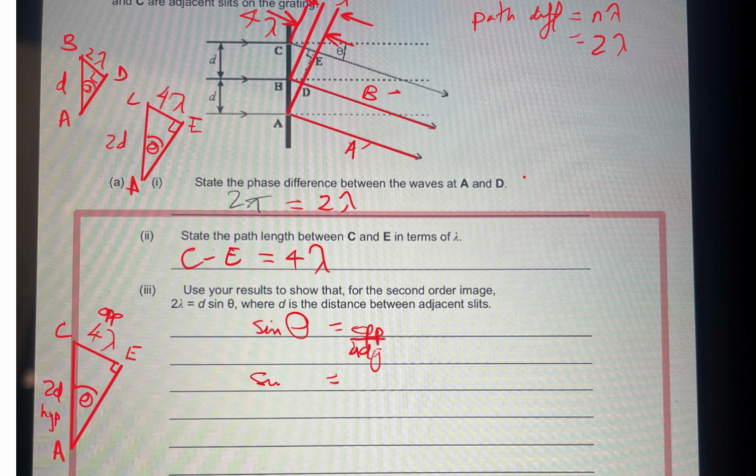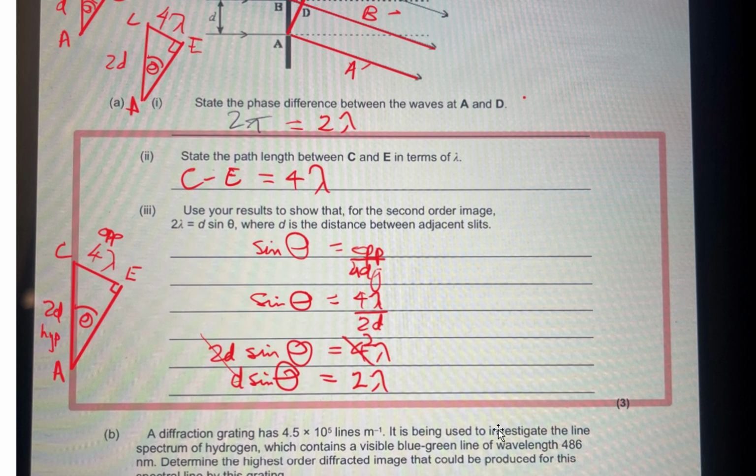Sine theta is equal to 4 lambda over 2d. I take the 2d to the other side, so 2d sine theta is equal to 4 lambda. Then the 2 here becomes 2 there, so they cancel. So d sine theta is equal to 2 lambda. Hopefully that answers your question.